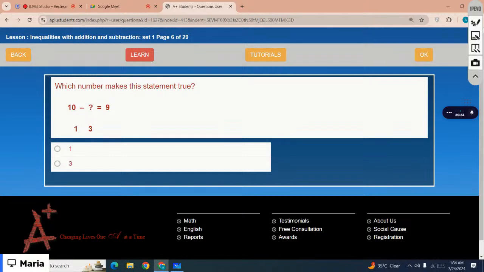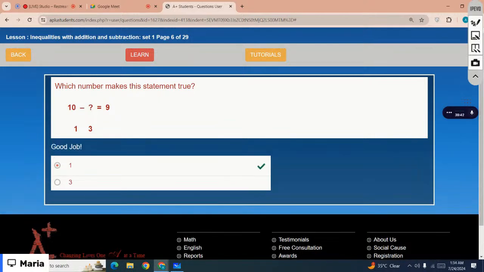One is the correct option. Option number 1 is the correct option, right? That is 10 minus 1 is 9, and then both sides are equal.